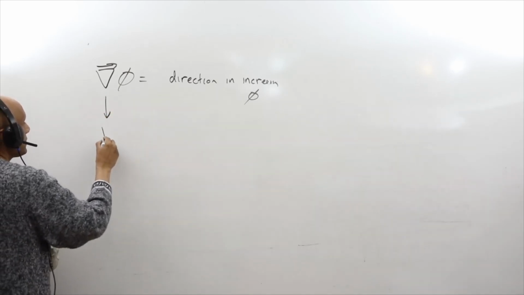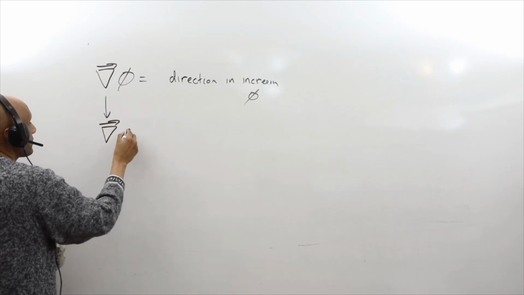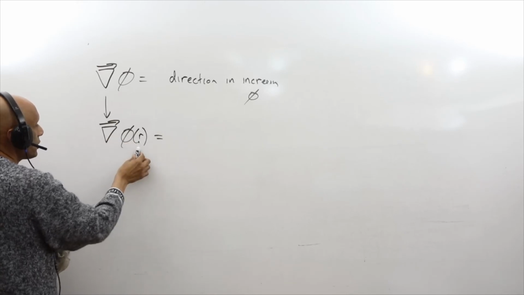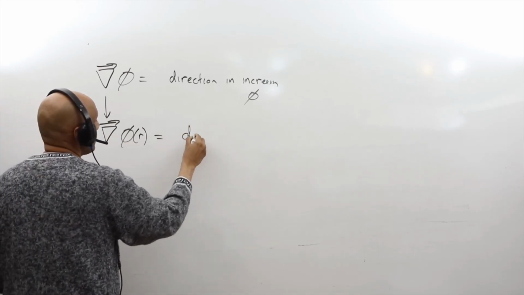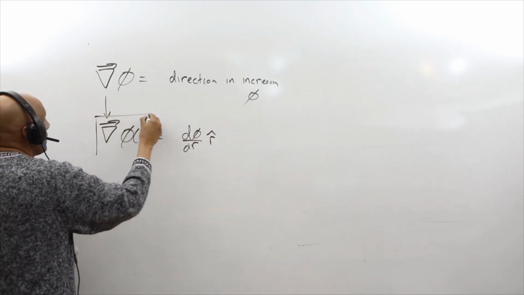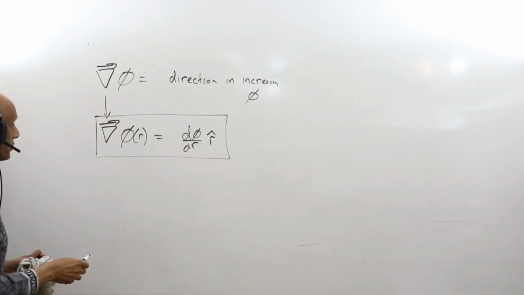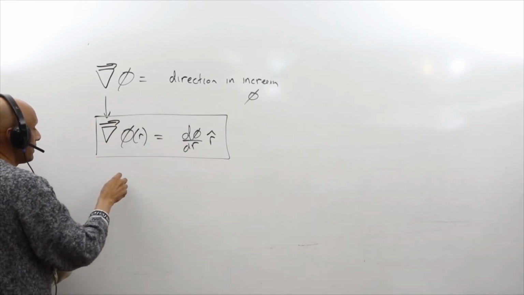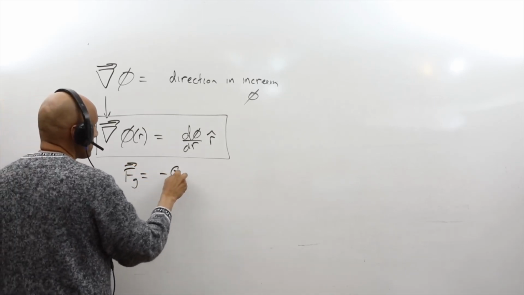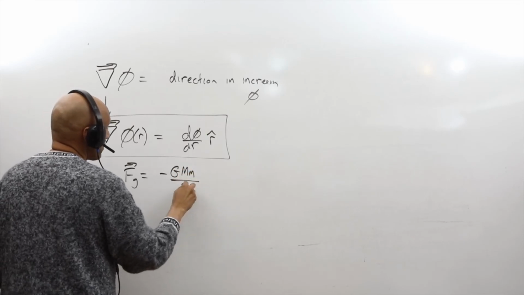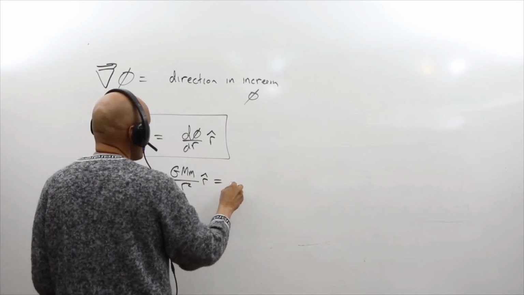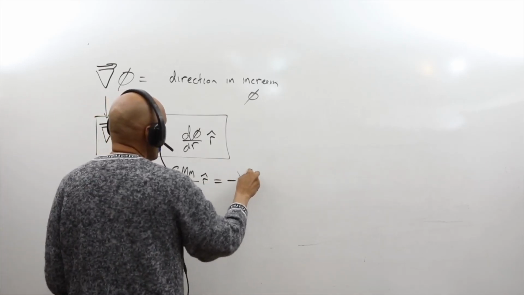And we also looked at the specific case where somebody gives you a function of r: the gradient of a radial function of r is given by nothing more than the derivative with respect to r, times r hat. I also showed you that if somebody gave you a force of gravity, minus G M m over r squared, r hat, we can write it in terms of the negative gradient of a potential function.